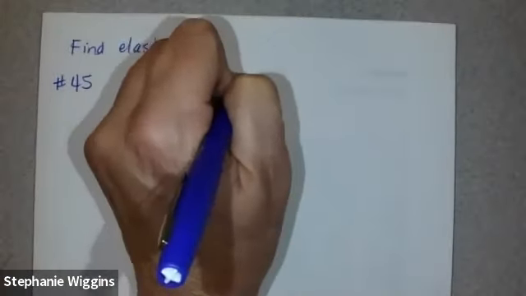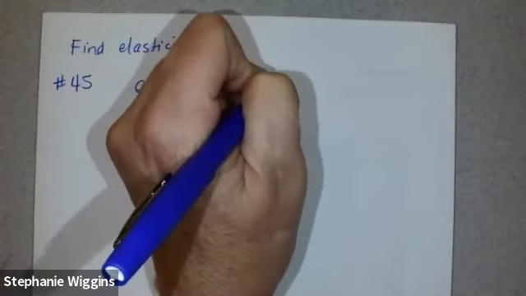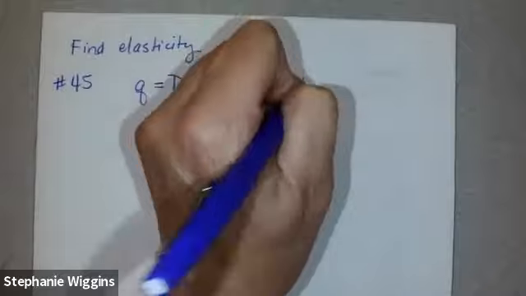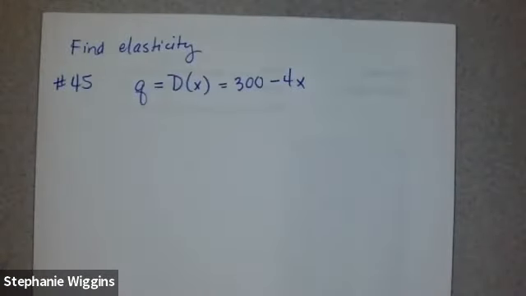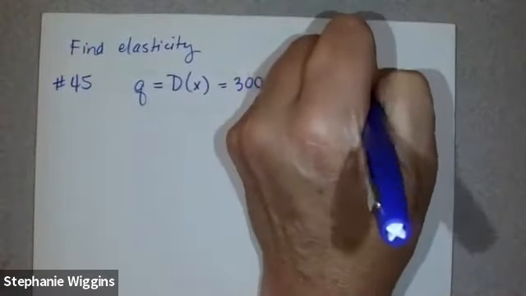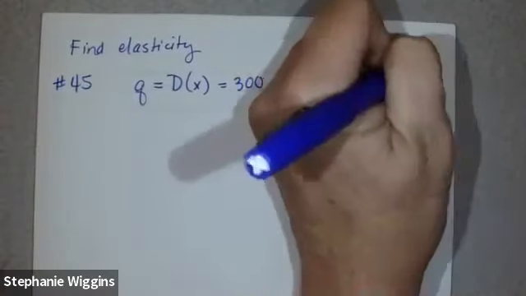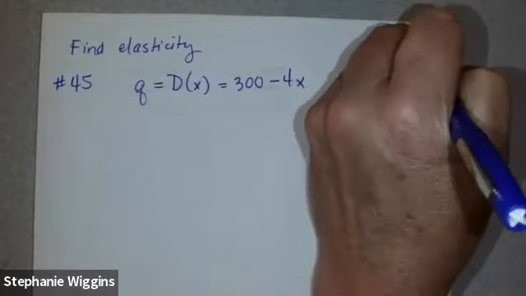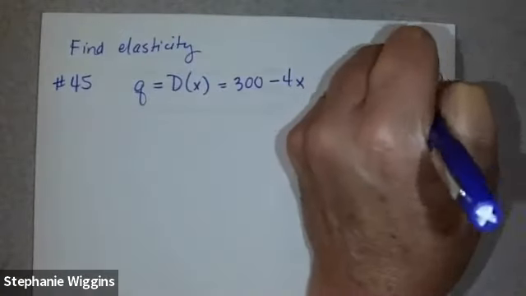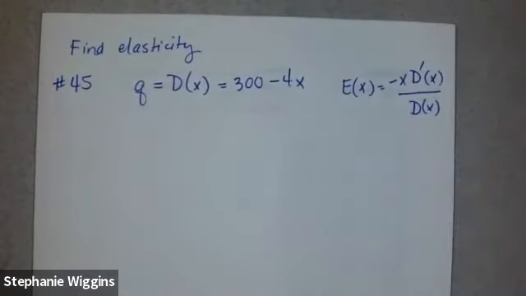Q equals your demand function, which is 300 minus 4x. And I'm going to give you the formula for elasticity. It's E of x equals minus x times the derivative of the demand function divided by the demand function. That's your formula for elasticity. I'll give that to you.